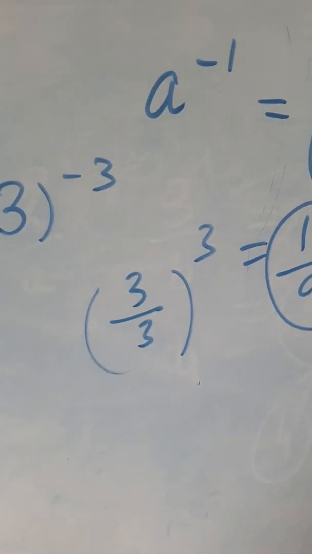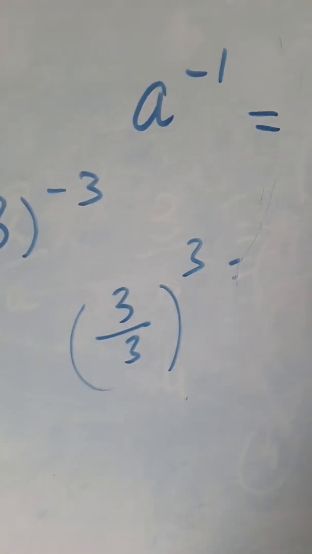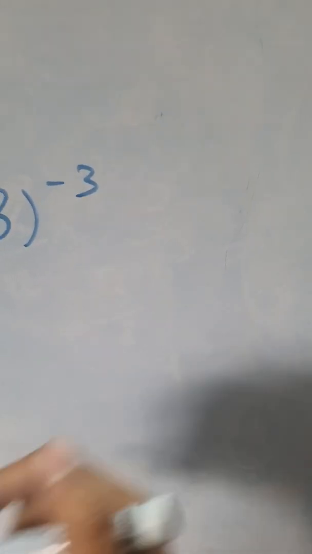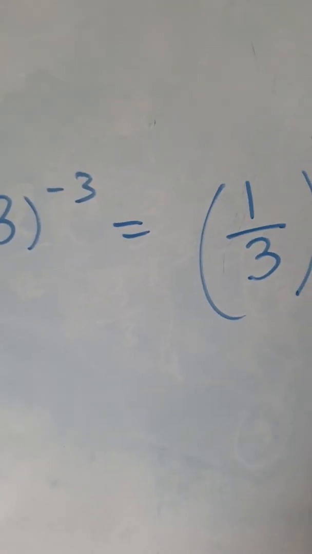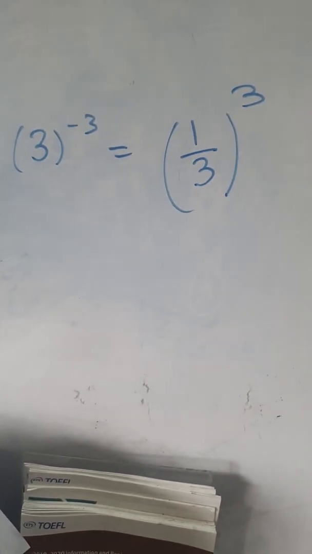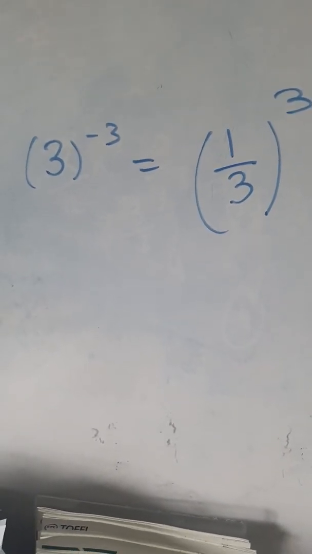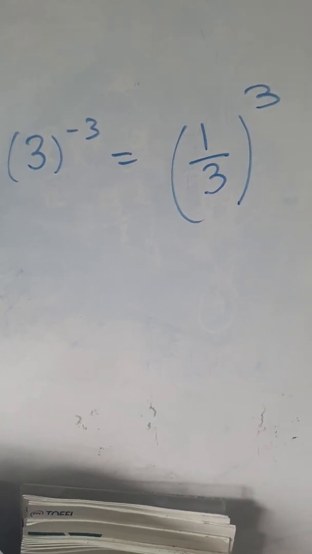No, it is not so. It is 1 upon 3 to the power 3. So it means that if there is a negative power, you are going to take the reciprocal of the base and the power becomes positive.